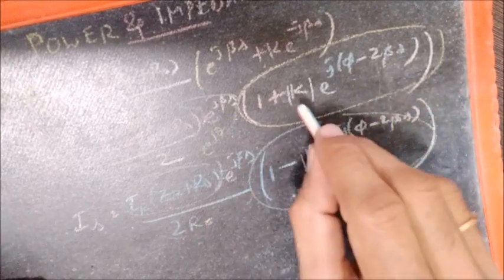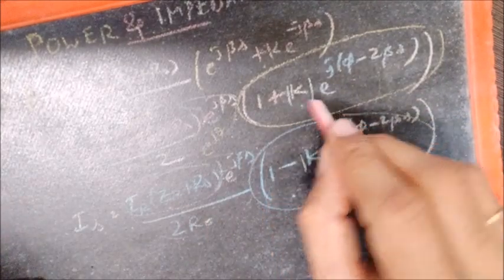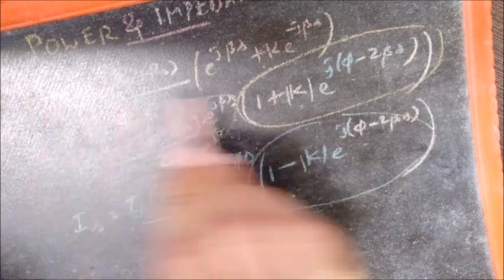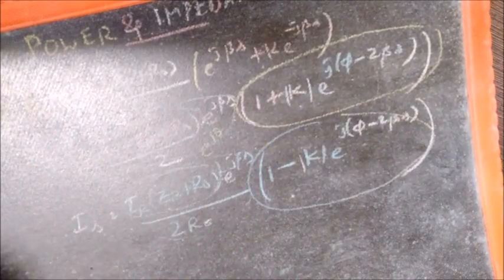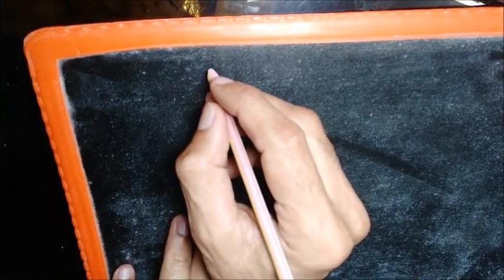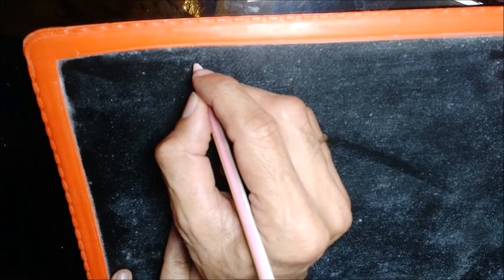So what we'll do is take only these two as representatives of voltage and current respectively and plot the phasor diagram. We plotted this for the impedance. It's the same thing actually that we plot, but we interpret it in a different way.